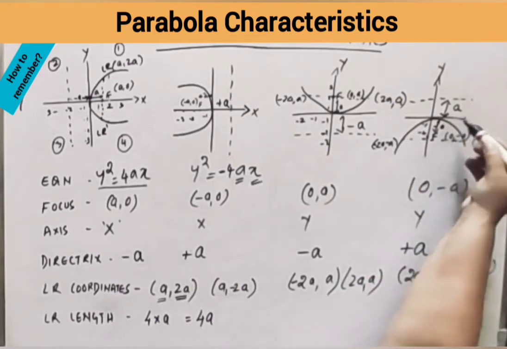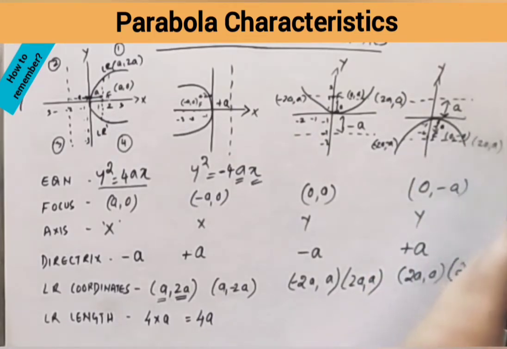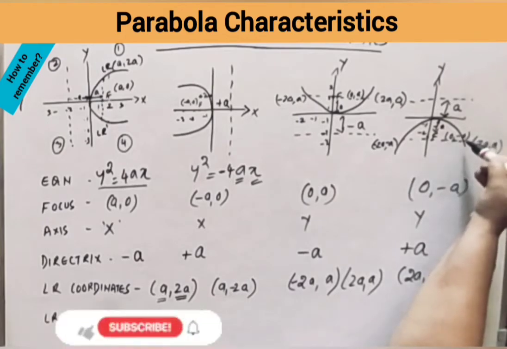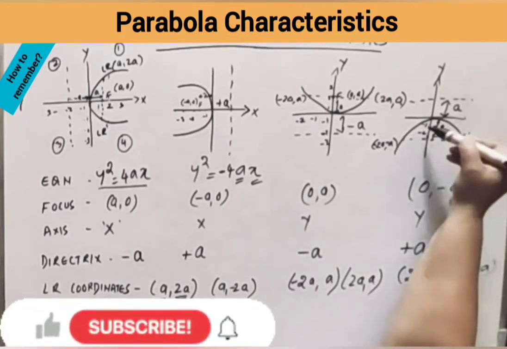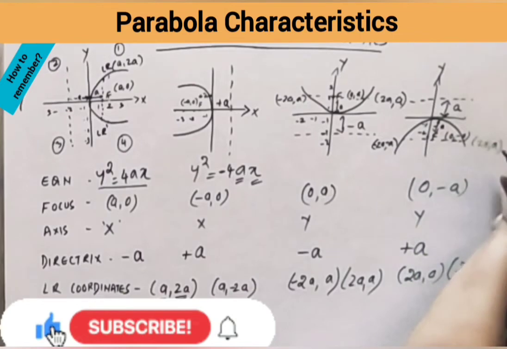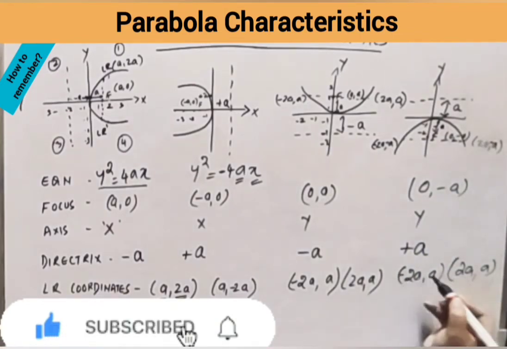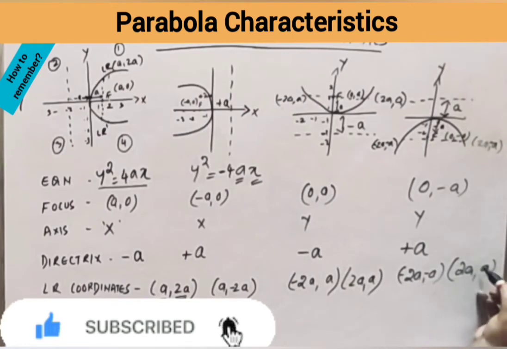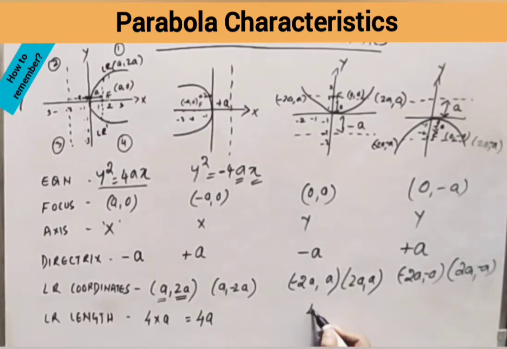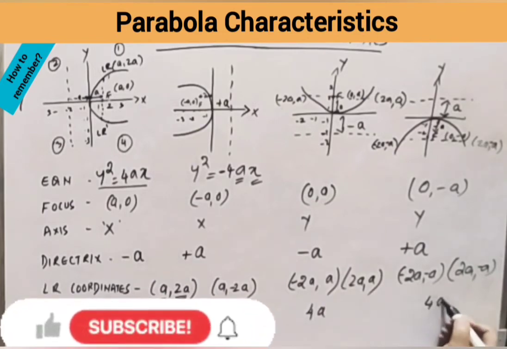Here the x coordinate is plus, so it will be plus 2a, and the y coordinate is minus because it's the negative side of the y-axis, so this will be minus a. So, let's write it down here. So, we have the LR coordinates. The LR length is going to be 4a for all 4 cases.